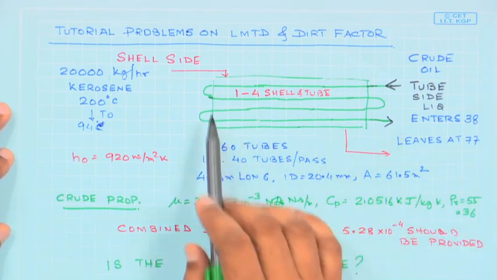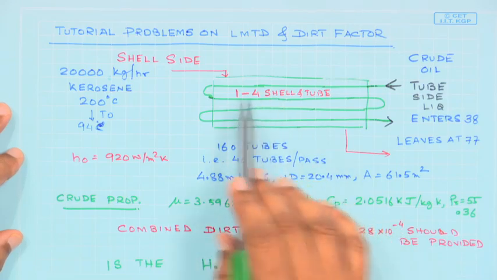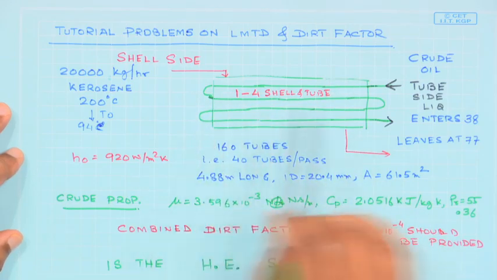So, let us look at the problem over here. It's a problem on log mean temperature difference and dirt factor. What we have is a shell and tube heat exchanger.